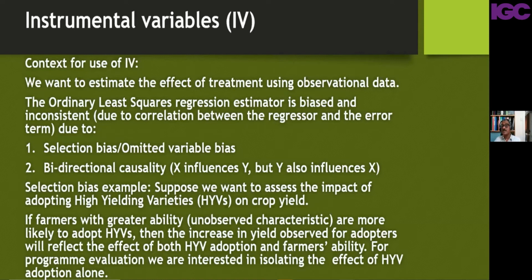So only farmers with higher ability may decide that they can deal with the complexity of managing high yielding varieties. And farmers with ability may in any case be producing higher yields. So in this situation, we have a problem which comes from the omitted variable, which in this case is ability, because ability you are not able to observe.